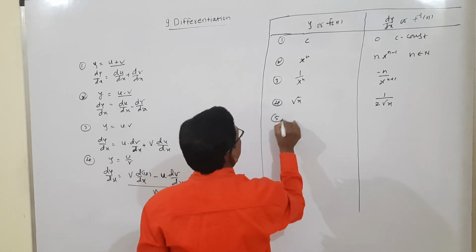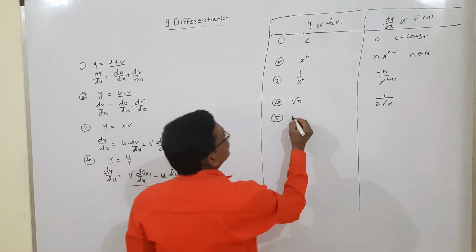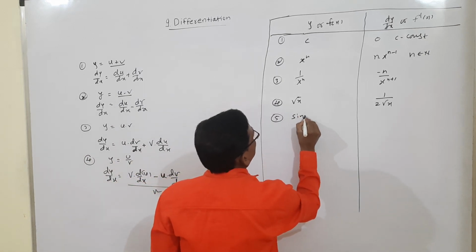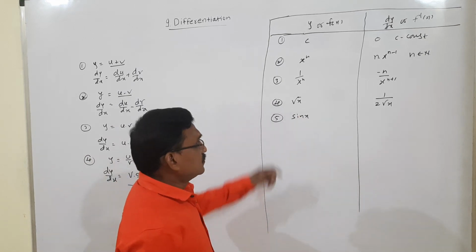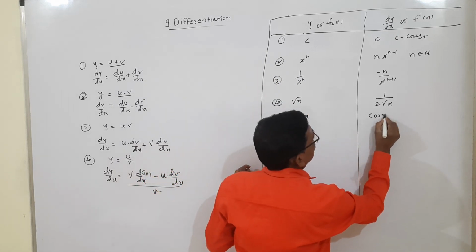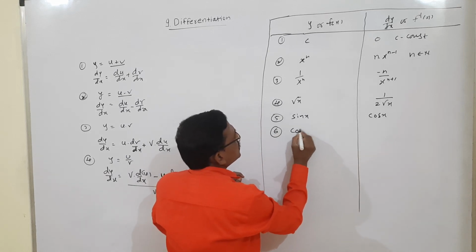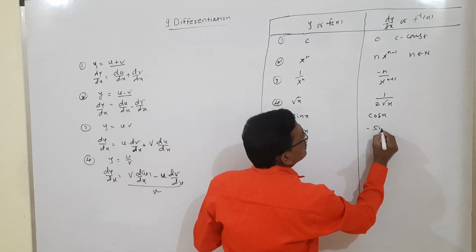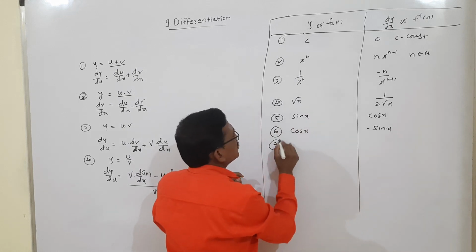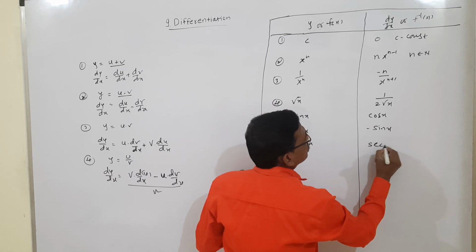Then we take the derivatives of trigonometric functions. The first trigonometric function is sin x, we have already studied these derivatives. The derivative of sin x is cos x, then the derivative of cos x is minus sin x, the derivative of tan x is sec square x.